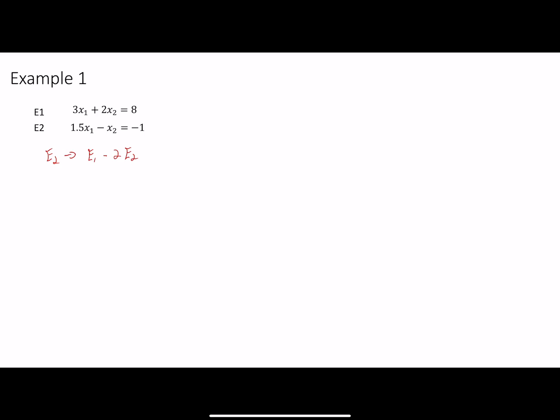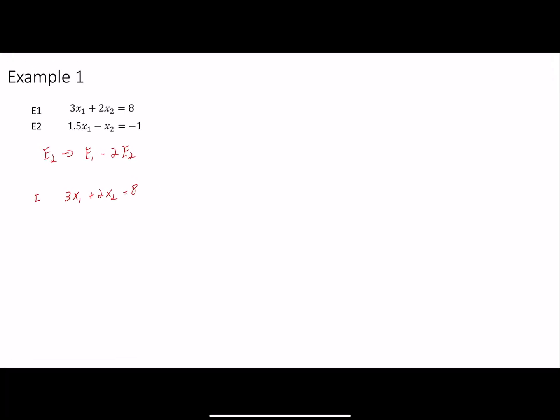So let's do this, right? So let's write equation 1 here on top. That's going to be 3x1 plus 2x2 equals 8. And now let's write here at the bottom, so here's equation 1 again, and here's equation 2. Sorry, this is going to be minus 2 times equation 2, right?